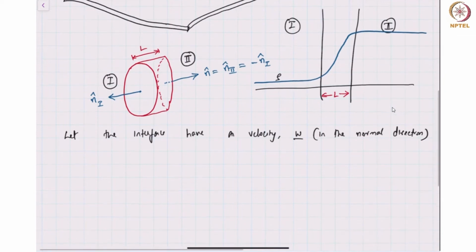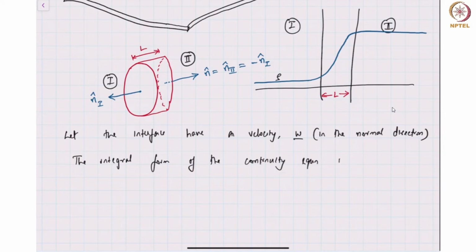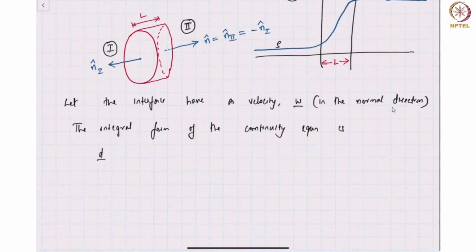Okay. So we have already derived the integral form of the continuity equation. Let me just write it again here for completeness. d by dt of integral rho dV will be minus integral n_i rho (u_i minus w_i) dS over an arbitrary region.